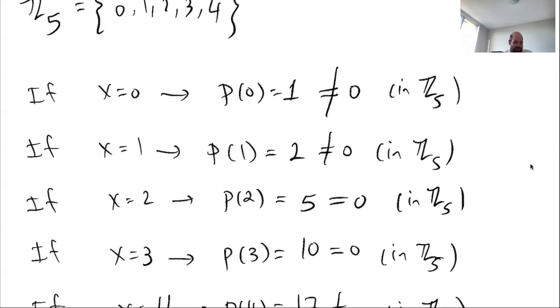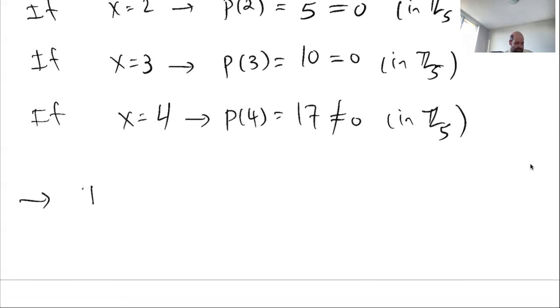So how many roots do we have? There are 2 roots for p of x equals x squared plus 1 as a polynomial in Z5. Namely, what are those 2 roots? x equals 2 and x equals 3.